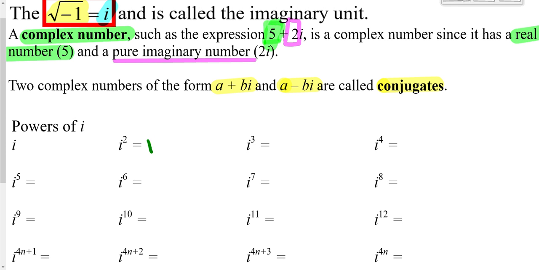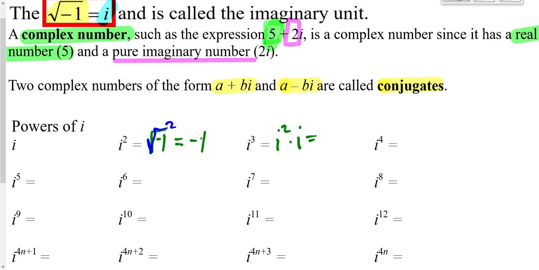Now, remember i is the square root of -1, but then we're squaring it. Remember, squaring undoes your square root, so it really leaves you with just -1. And so i squared ends up being -1. Now, i cubed is really an i squared times another i.